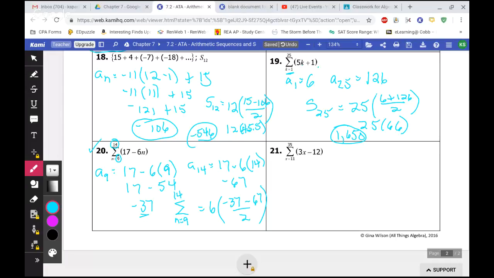That's negative 104 divided by 2. So that's negative 52. And negative 52 times 6 is negative 312.